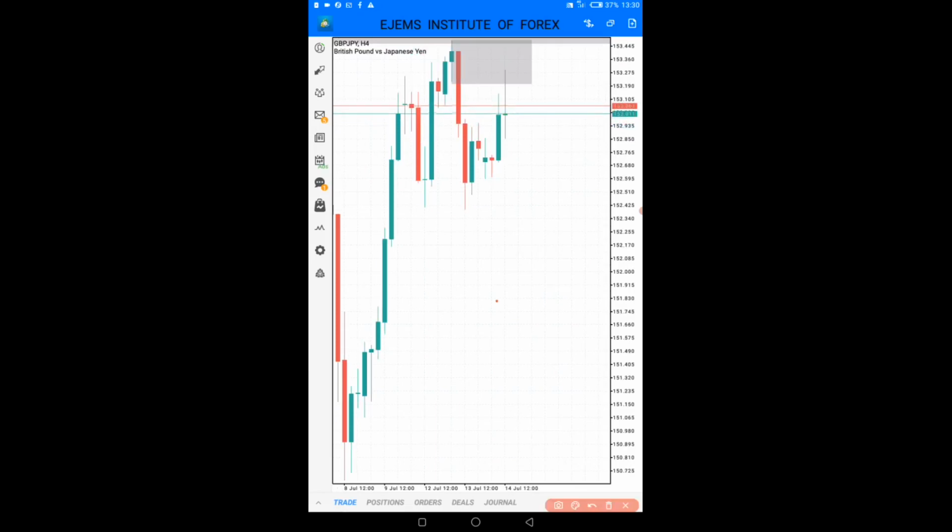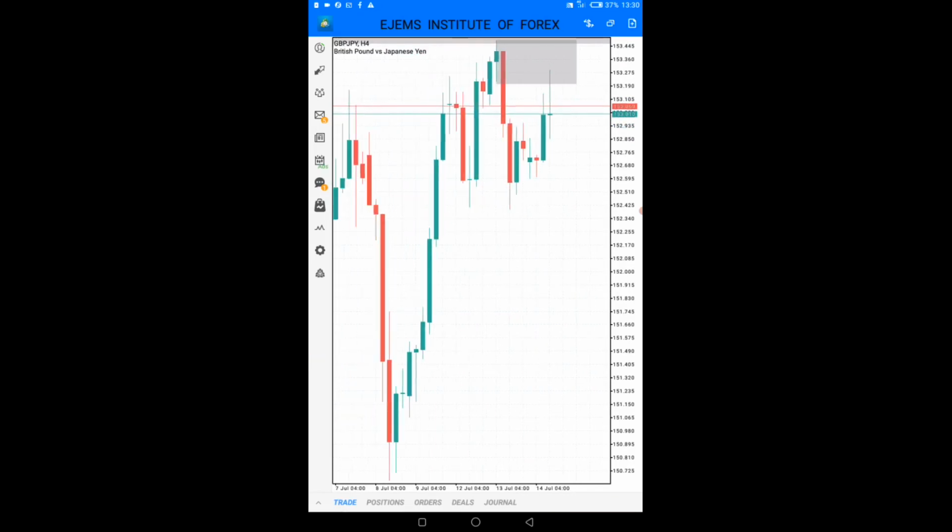We have relative equal lows resting here, so I really want to see the market take out these relative equal lows and possibly trade to this level, to this bullish order block, the last down close candle here.